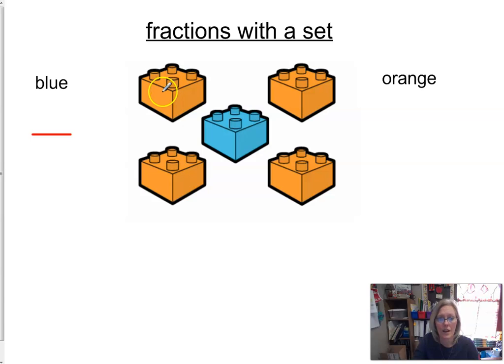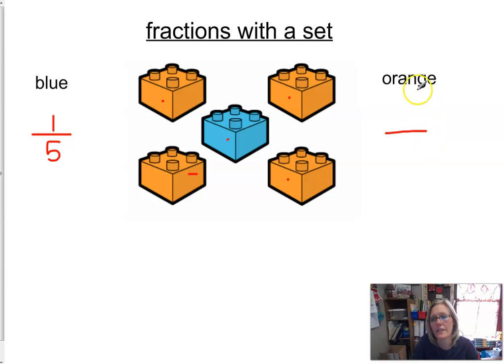So I would say, okay, there are 1, 2, 3, 4, 5. There are 5 total Legos. It's the whole set here. How many of them are blue? That's the part I'm looking at. 1. 1/5 of the Legos are blue.